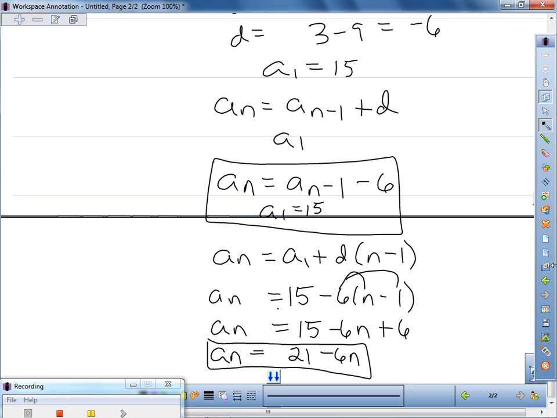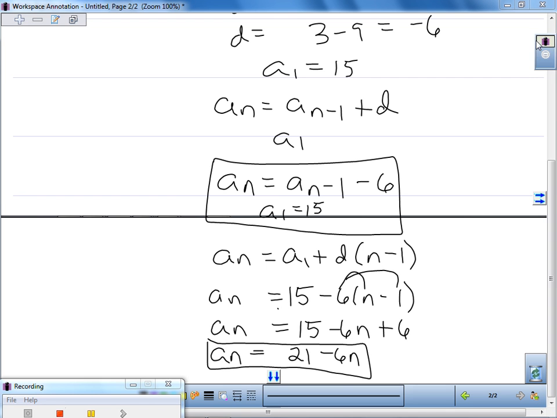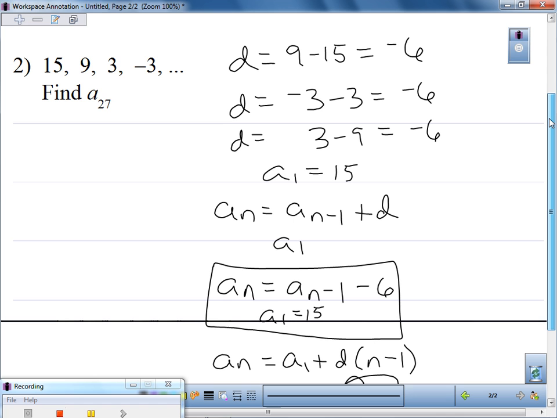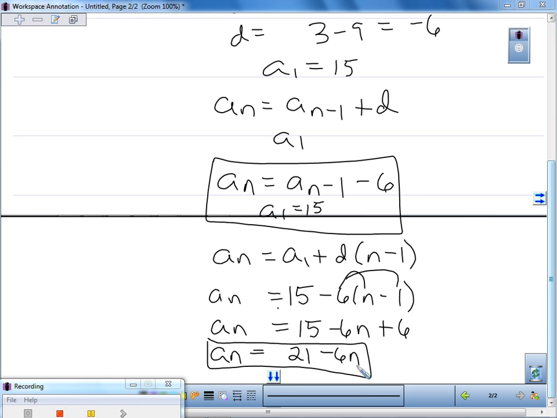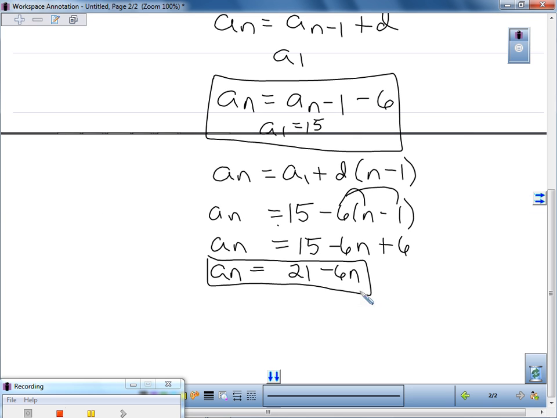Now the only other thing we have to do in this particular problem is find the 27th term. The simplest way to do this is to substitute 27 into our explicit formula. So a sub 27, or the 27th term, is equal to 21 minus 6 times 27.